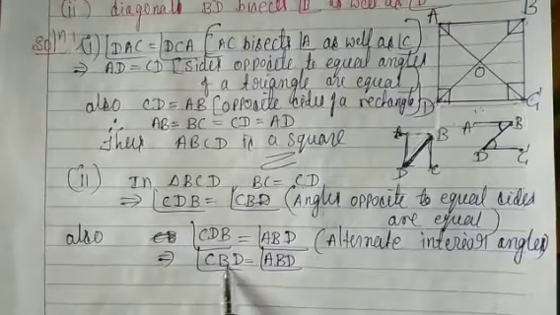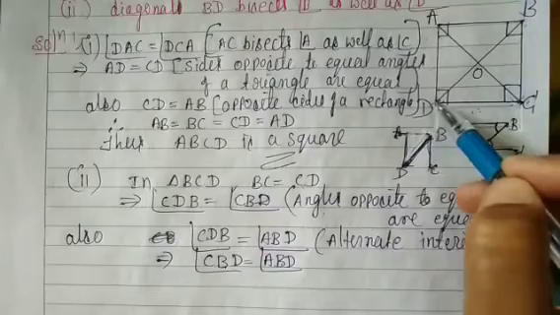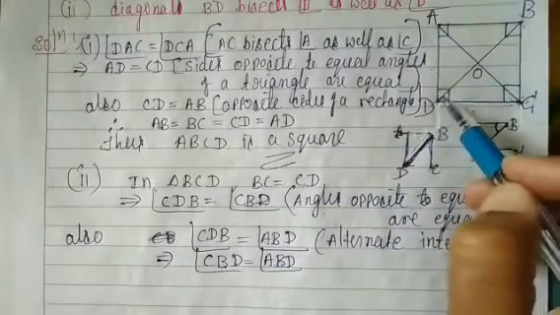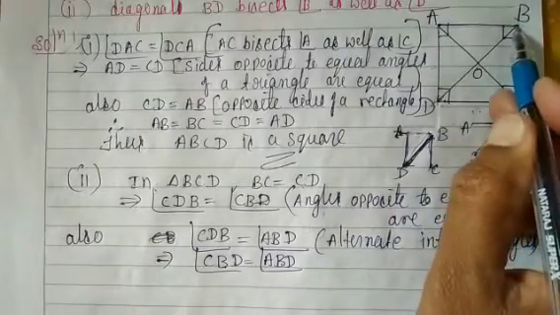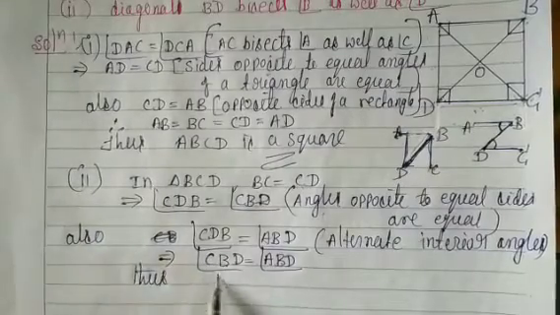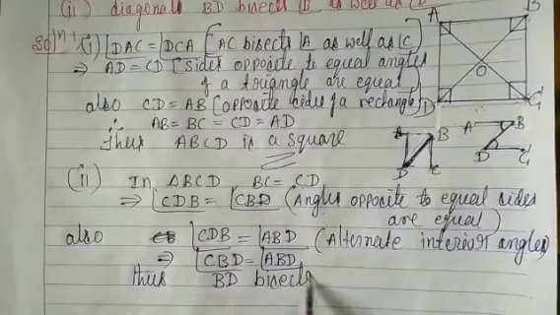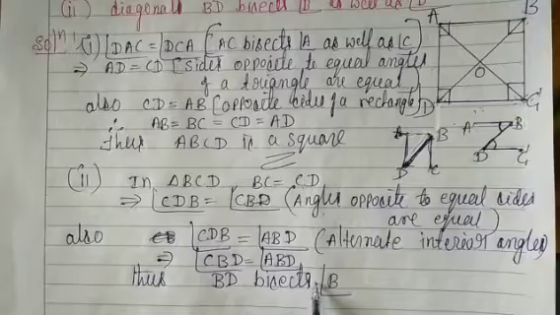This is angle B is equal to angle B. Angle CBD is equal to angle ABD means angle B is equal to angle B. Thus, BD bisects angle B.